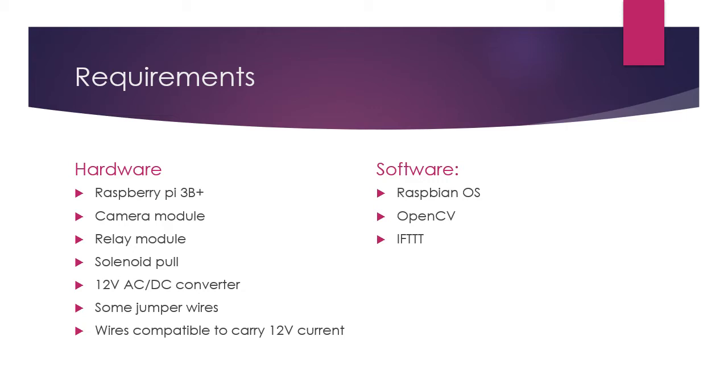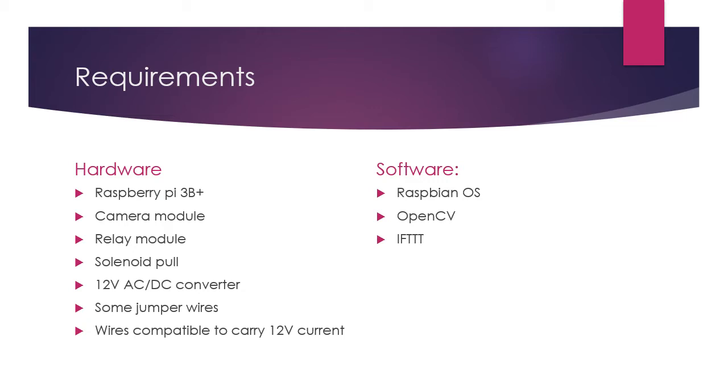The camera module is helpful to capture images of the surroundings, and the relay module is like an on-off button which will take the input from the Raspberry Pi and give the output to the solenoid pull to act accordingly.